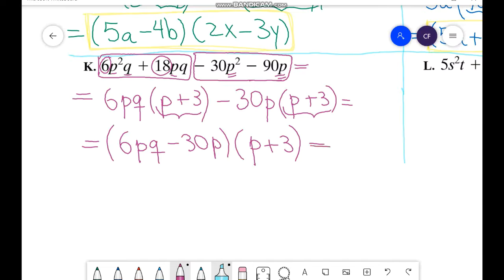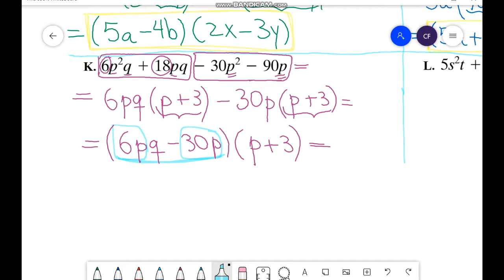And there's another step on this question, because if you check this first binomial here, you're going to see that it's possible to factor out a little bit more, because we have 6p, and we can also factor out 6p from here.